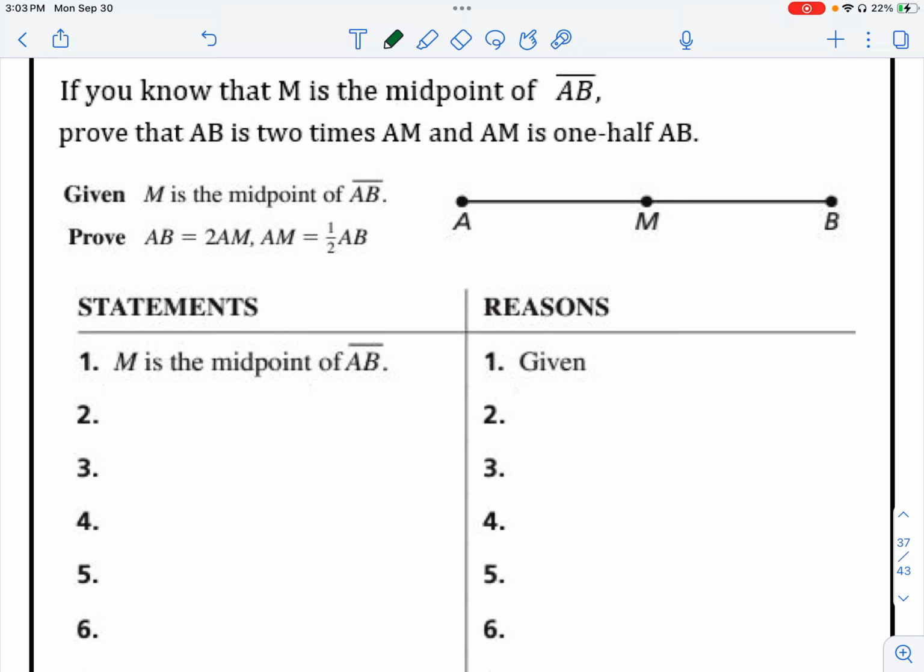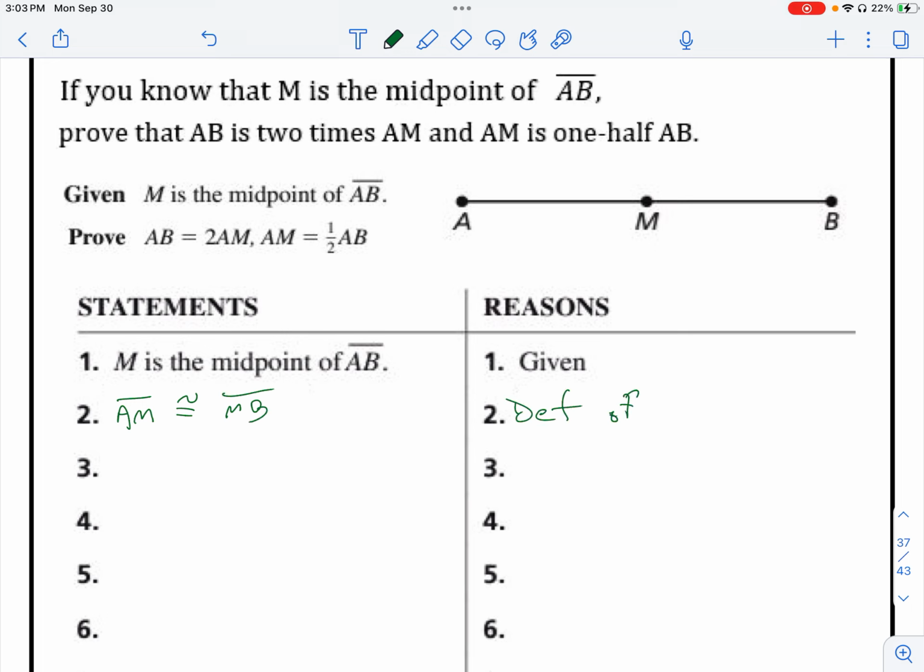All right, another fine example here. And this one's going to show us about switching back and forth between the segment and the length of the segment. So statement 1, M is the midpoint of AB. That's our given. So we're going to start there. So if M is the midpoint of segment AB, then we know that segment AM is congruent to segment MB.